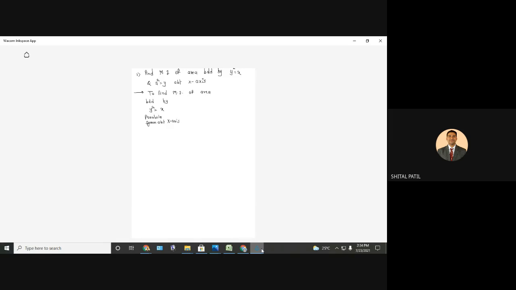And x square equal to y is also a parabola, symmetric about the y axis.